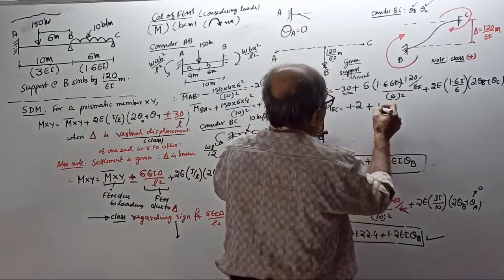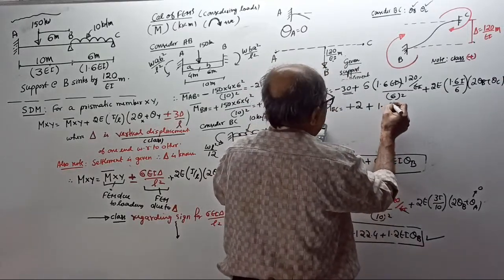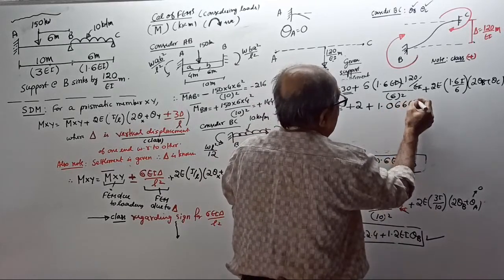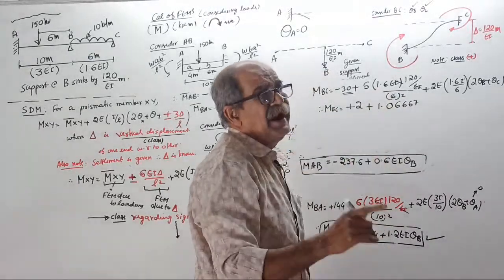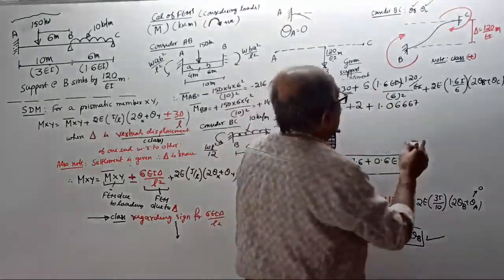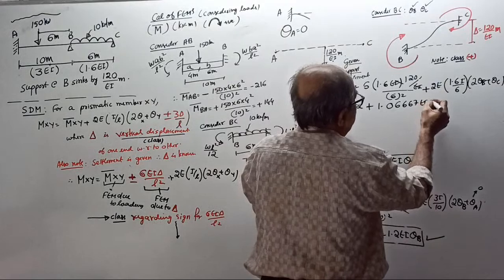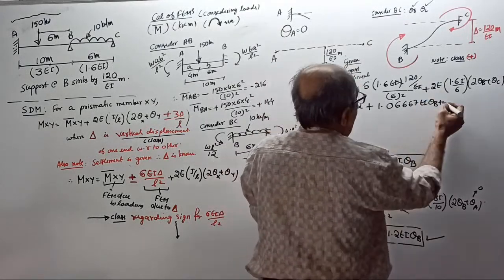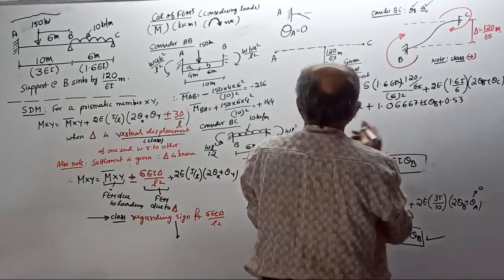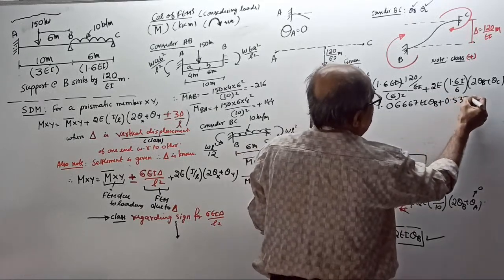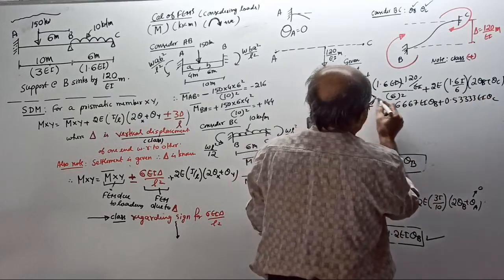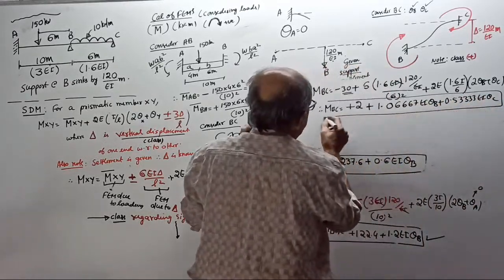The fraction comes to 1.0666; I want accuracy, not 6, 6, 6, 7. I want for this question deliberately 4 or 5 decimals. That much times EI theta B plus 0.53333 EI theta C. I want this for more accuracy. This is M_BC.